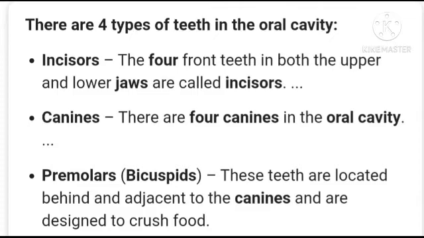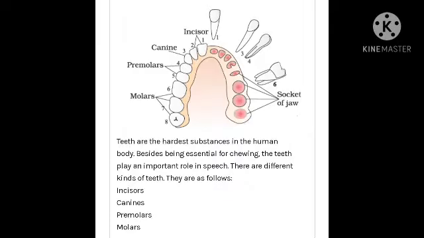Here in the diagram you can see the front teeth are called incisors, for biting and cutting. Pointed teeth are called canines, for tearing.